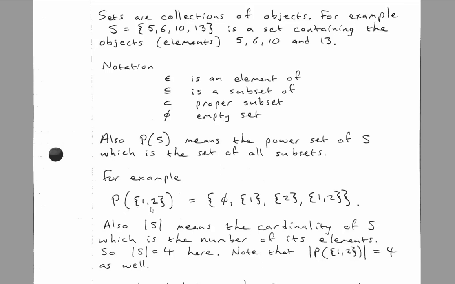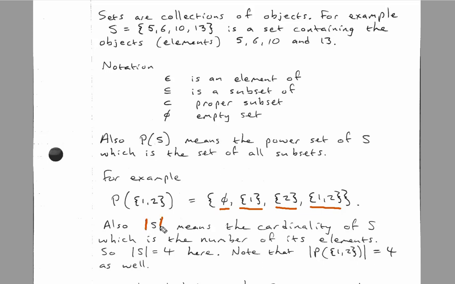What are all the subsets of this? Well, you have the set itself, you have the empty set, and in between those two you have the set just containing 1, which is a subset of the original, and the set just containing 2, that's also a subset. So those are the power sets.